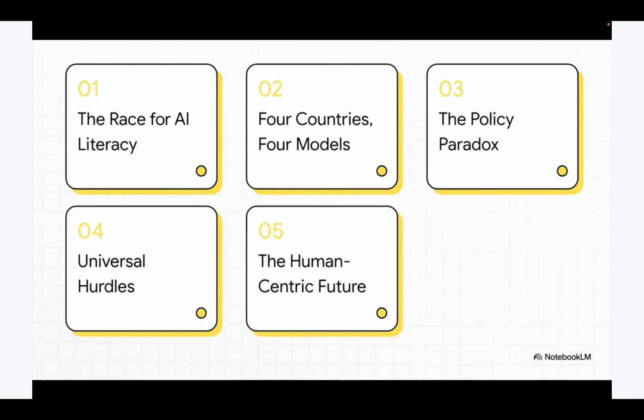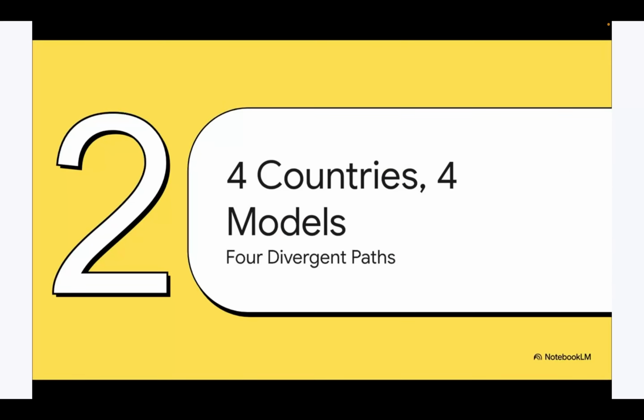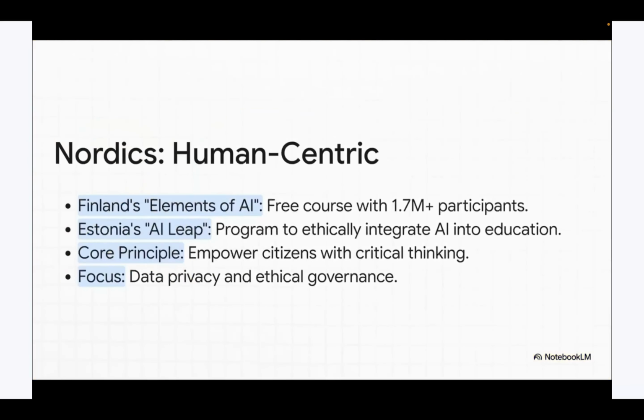Then we're diving into 4 really different models from 4 major players. So how are countries actually doing this? We're going to look at 4 very, very different playbooks from 4 global players: China, the US, South Korea, and the Nordic countries. But what if the whole point isn't about competition? What if it's something else entirely? That's the really powerful idea coming from the Nordic model in places like Finland and Estonia. Their focus isn't on winning some geopolitical race. It's a human-centric vision.